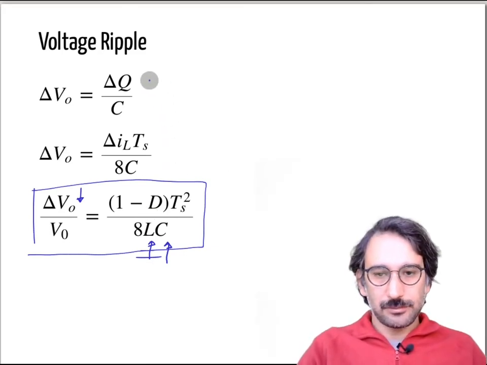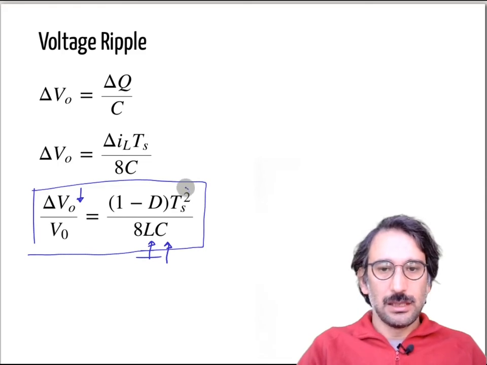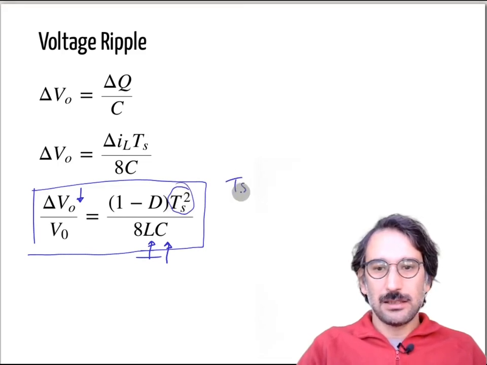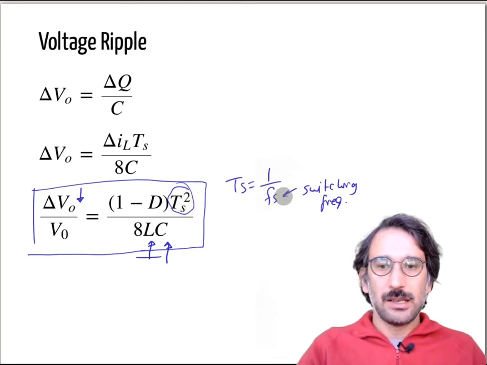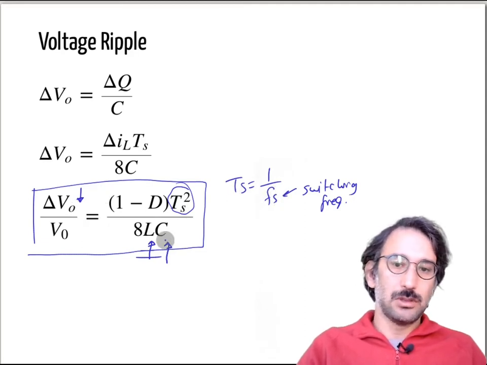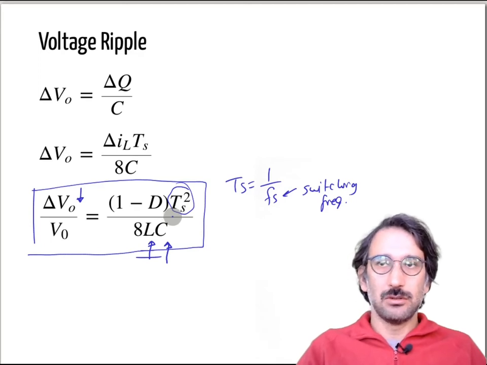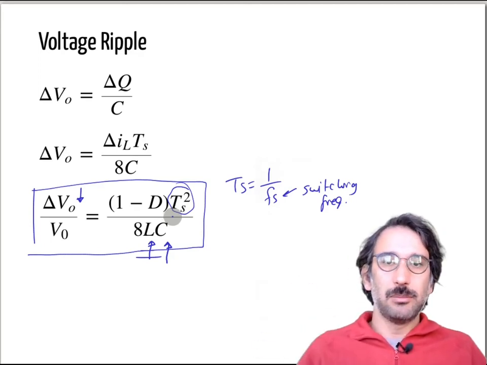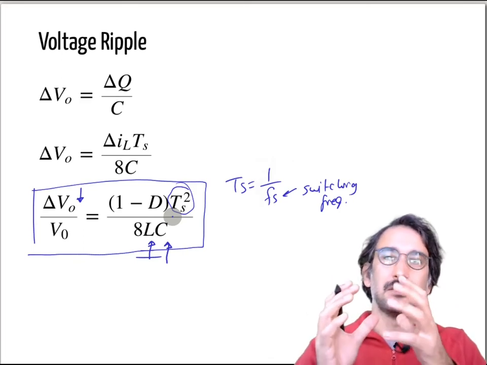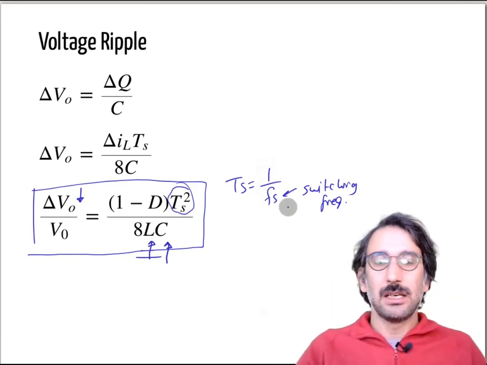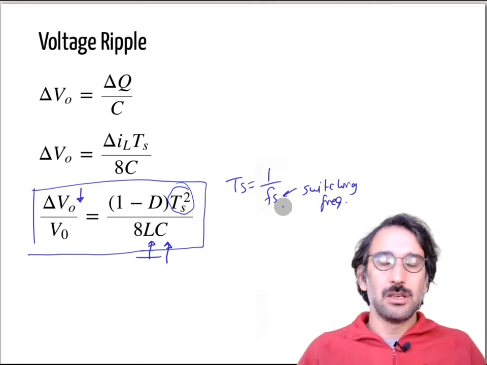And secondly, similar to that one, Ts, and remember Ts is 1 over Fs, where Fs is the switching frequency. Again, you can increase the switching frequency or reduce Ts to reduce the ripple, and you don't have to increase the size of your L and C. So if you want to reduce the ripple and keep the converter size small, the best thing you can do is increase the switching frequency. But of course, there's a disadvantage.